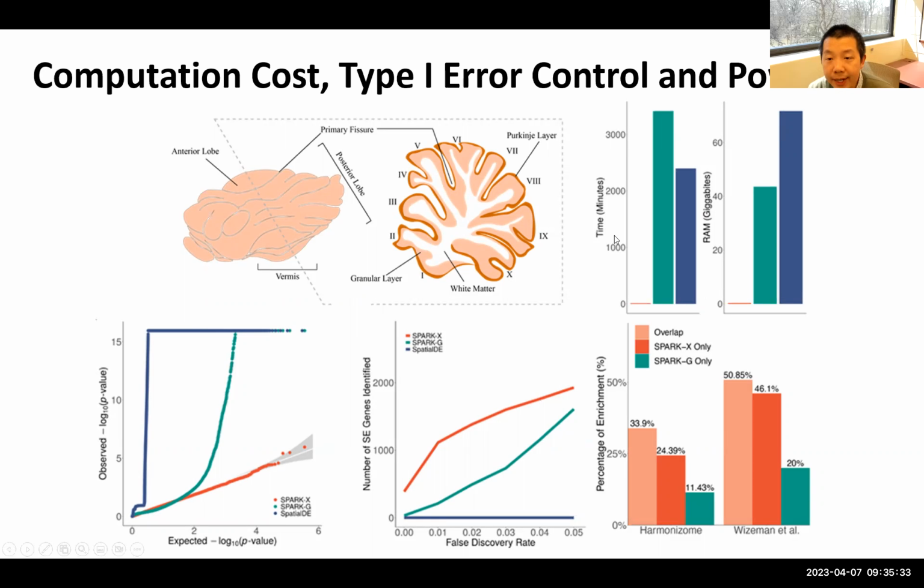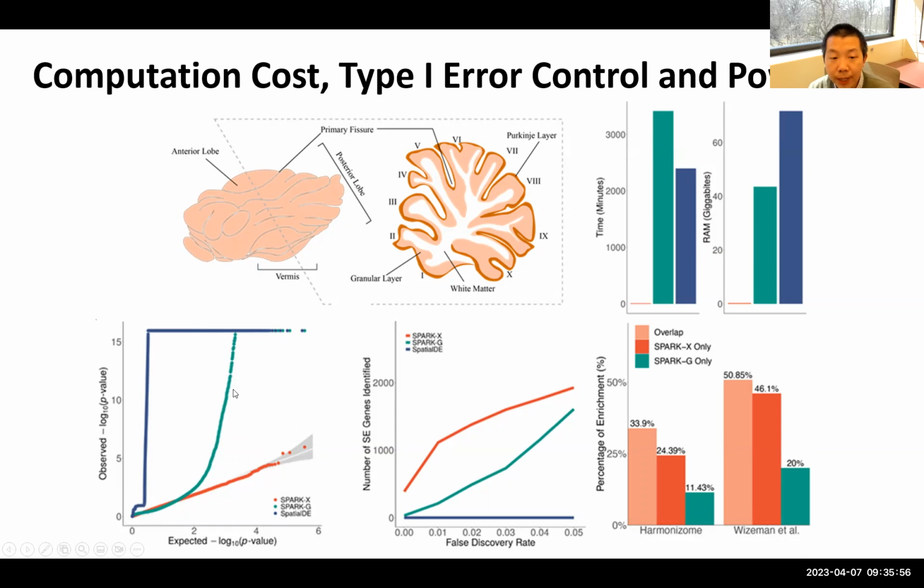When we analyze the data, we first measure the time and the memory usage. You can see that as in simulations, SPARK-X basically takes a very small amount of time and uses only a little bit of memory compared with the other two methods, the Gaussian version of SPARK or SpatialDE. And in terms of type 1 error control, you can see that SPARK-X sits on the diagonal line.